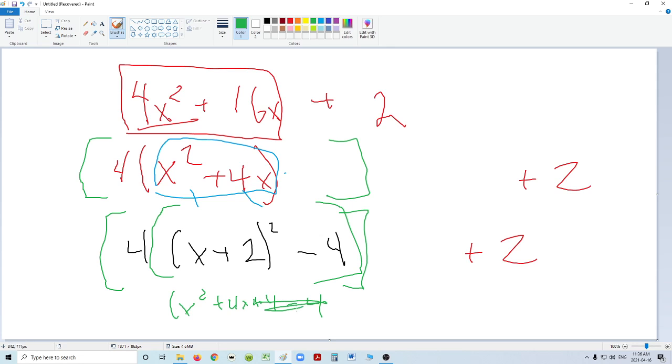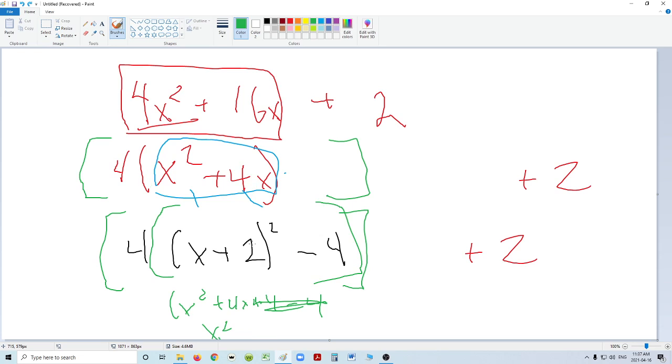These would cancel out. I'd get x squared plus 4x, which is exactly what I have up here. So you can see by subtracting the 4, I've balanced my equation. So essentially, when you're turning this into the completed square, you have to subtract the number that you accidentally create in the completed square.